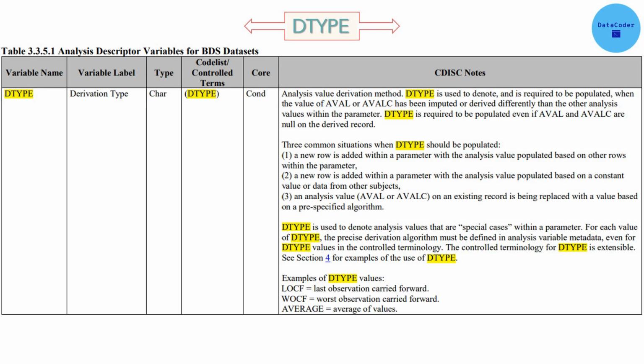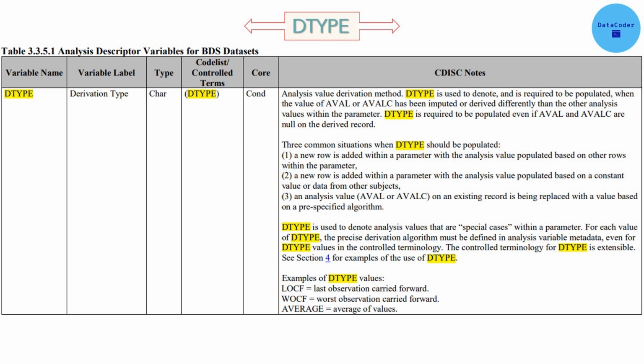So DTYPE is a value derived within a parameter, and this DTYPE has a controlled terminology or code list which is extensible. The expected values for the method by which the derivation is done are LOCF, last observation carried forward, WOCF, worst observation carried forward, average of values, or there is another method also called BOCF, baseline observation carried forward.